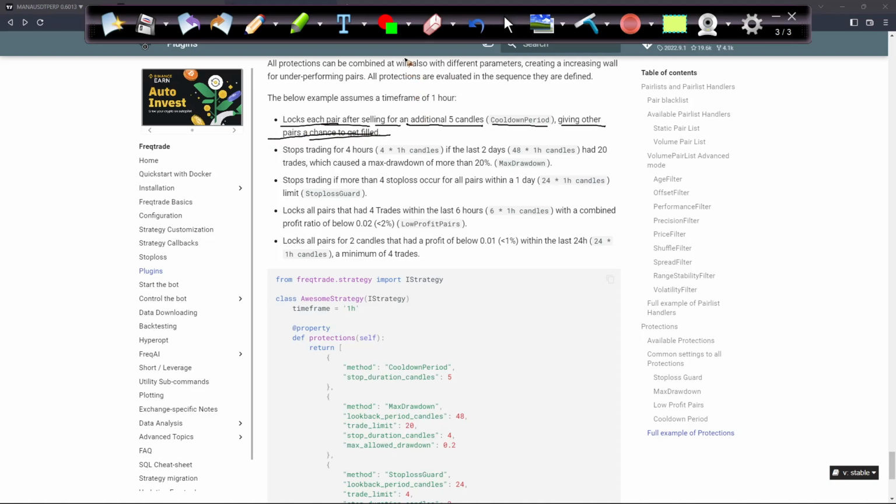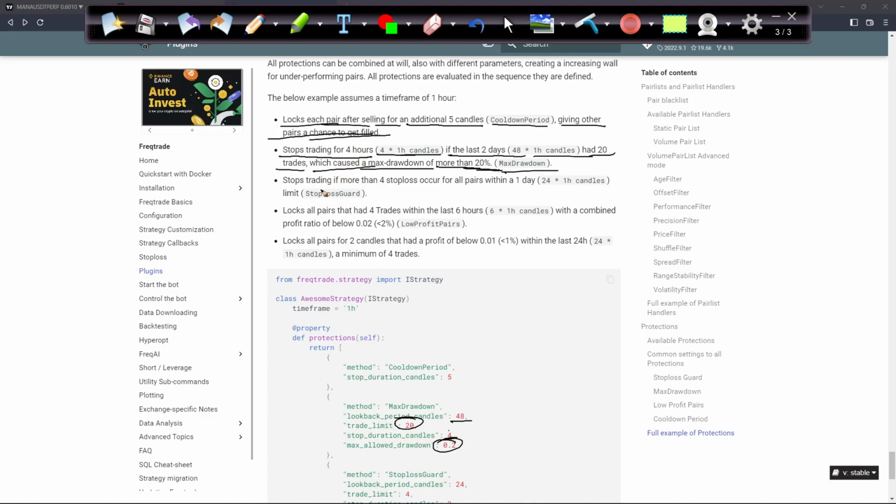Second, it stops trading for 4 hours, which is 4 times 1 hour candles, if the last 2 days, 48 times 1 hour candles, had 20 trades which caused a maximum drawdown of more than 20%. Then it will stop trading for 4 hours.